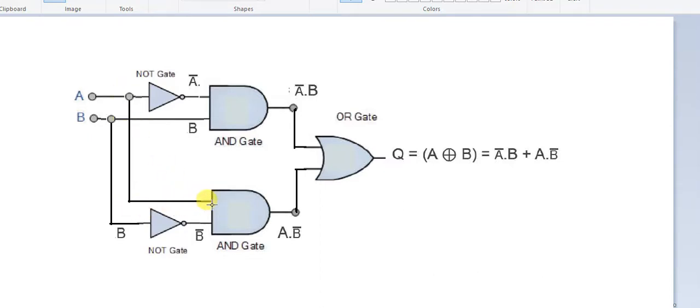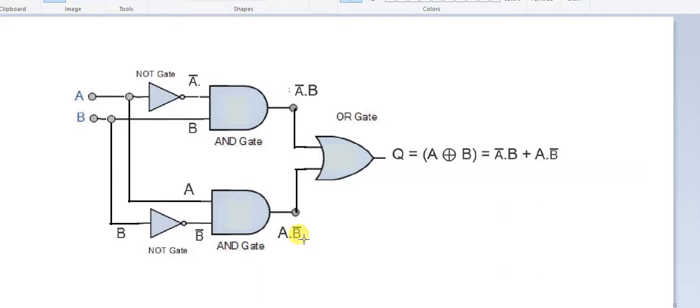And for the B complement, we again place a NOT gate in front of B, which gives B complement, and then again we put an AND gate. So we get A dot B complement over here.